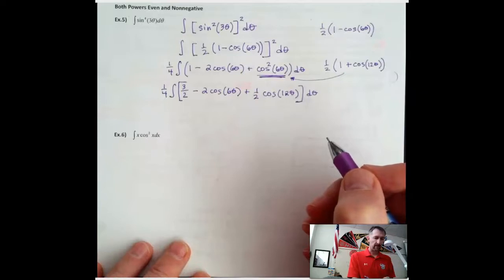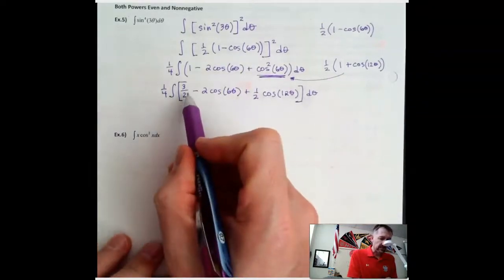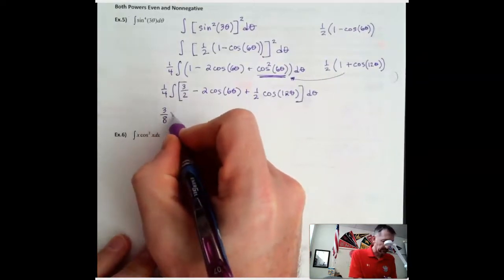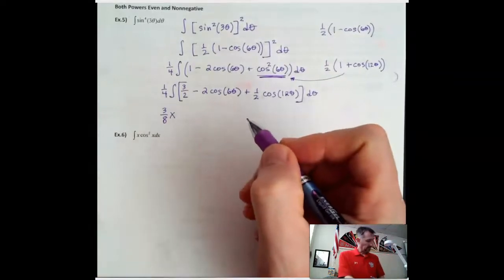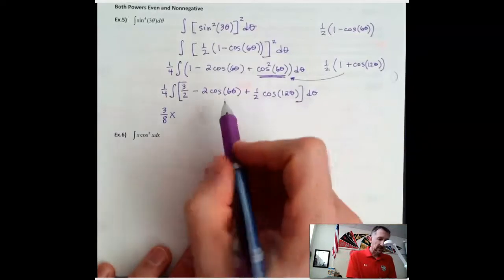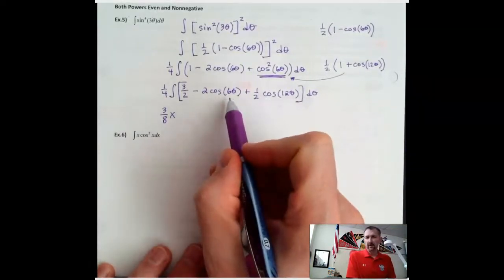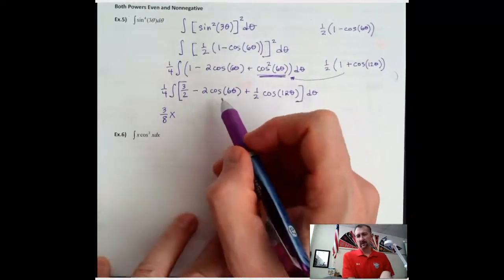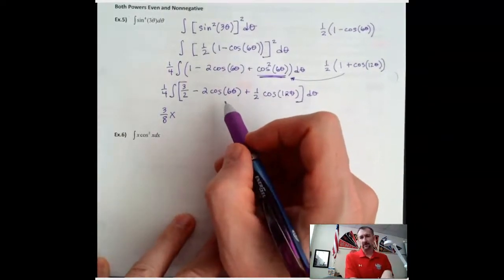So if we integrate that, that's going to give us an x there. So that'll be 3/8 x. And if we integrate this, now we could use a u substitution here, but hopefully if we think about that, we can just figure it out since we are second-year calculus students here.